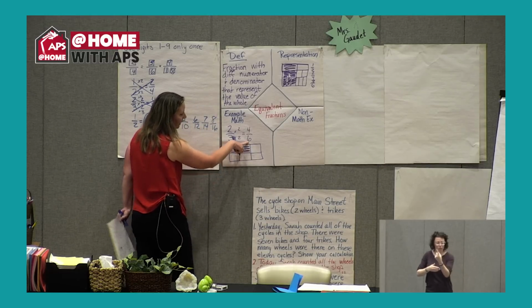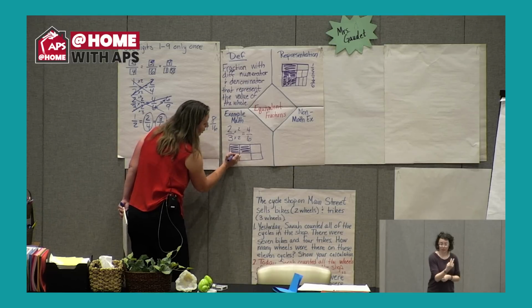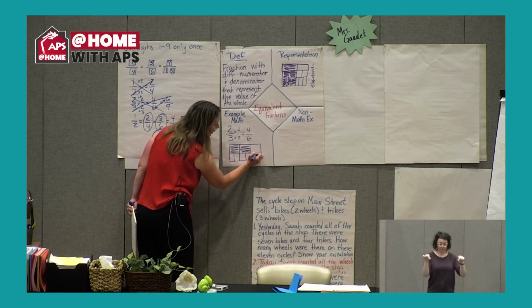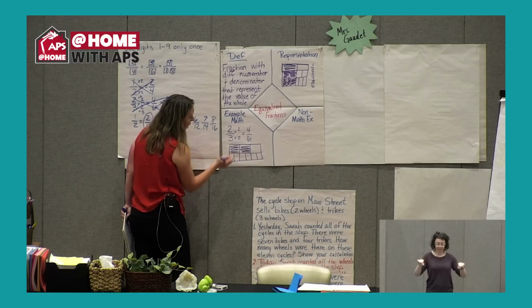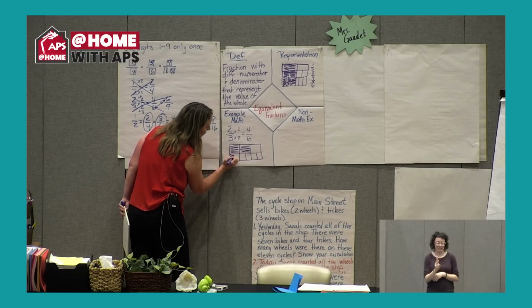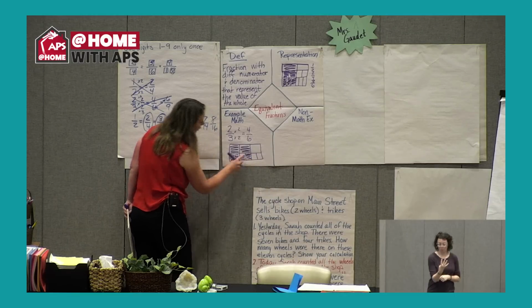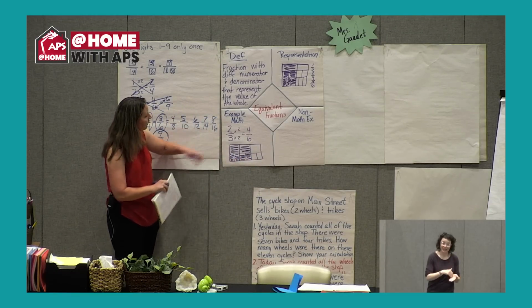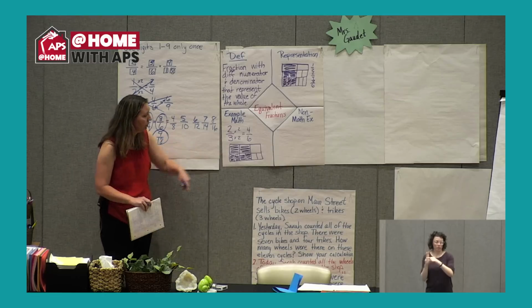And the bottom has sixths, not thirds, so I'm going to split the thirds in half to get my sixths. 1, 2, 3, 4, 5, 6. And then I would color in 4 of them. 1, 2, 3, 4. So again, my 2/3 is equivalent to my 4/6.